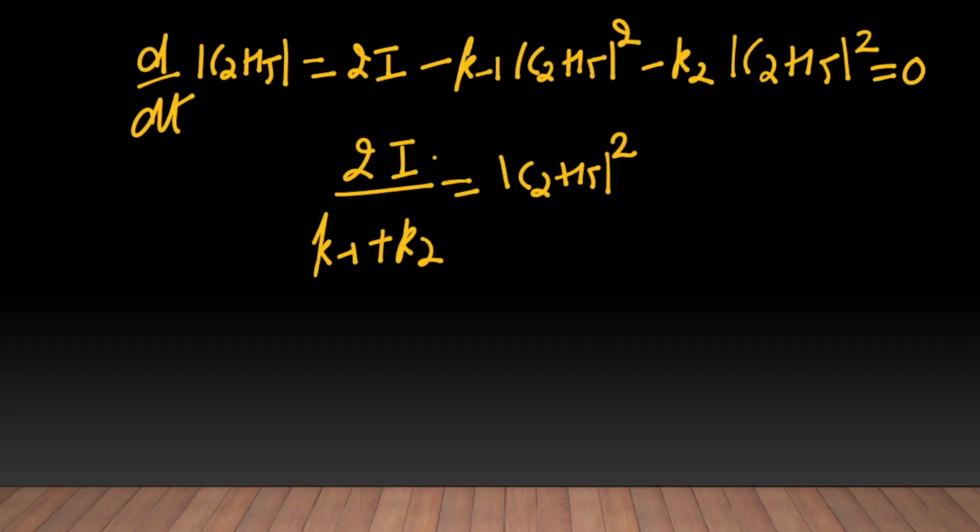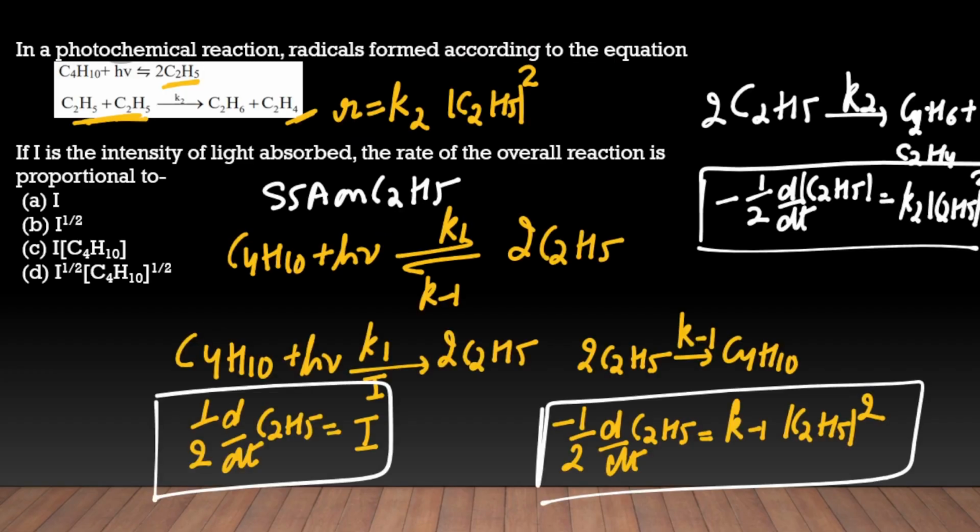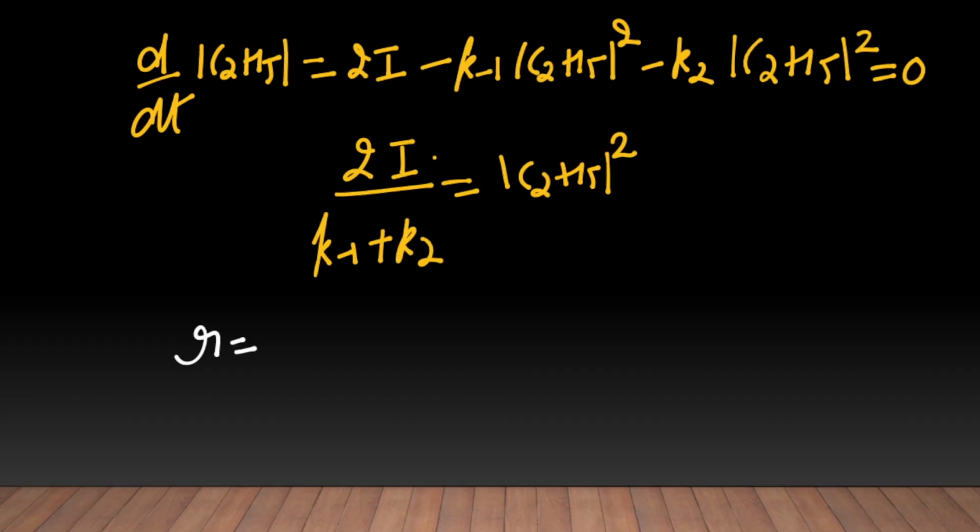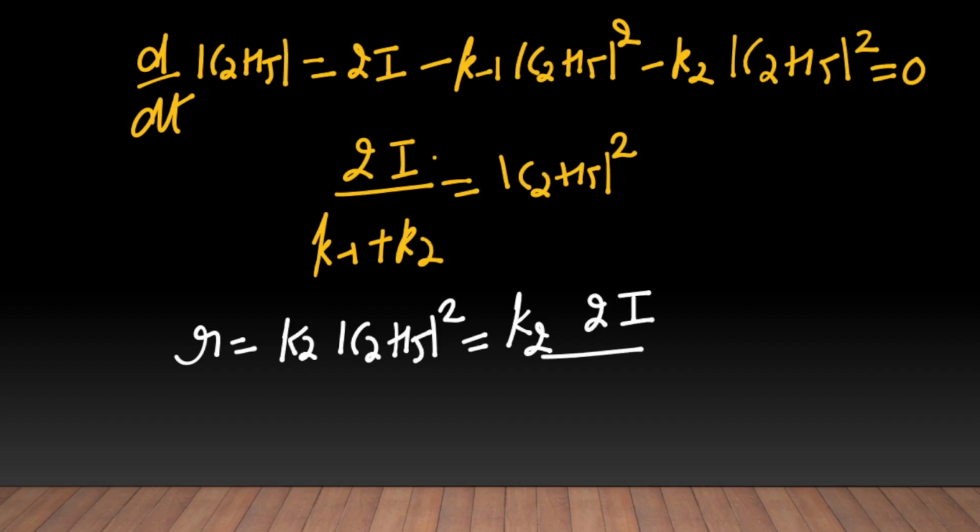The rate expression we got was K2 times [C2H5] whole square. Now substitute its value: K2 times 2I upon K inverse plus K2.